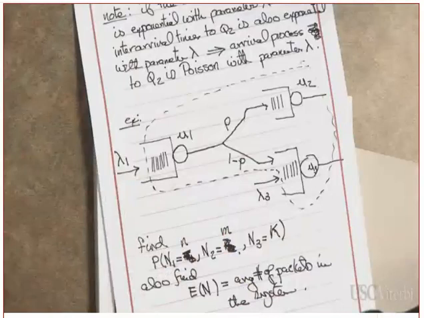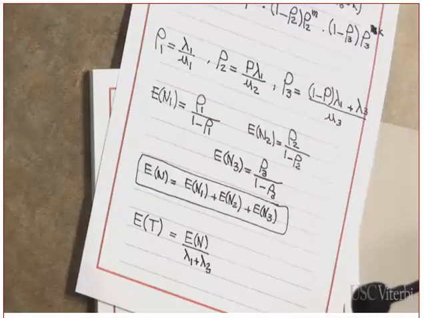What is the throughput of this system? Yeah, P, very good. P lambda. This P is not the rho. It's not the probability. This is the throughput.